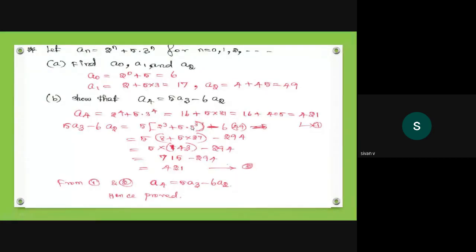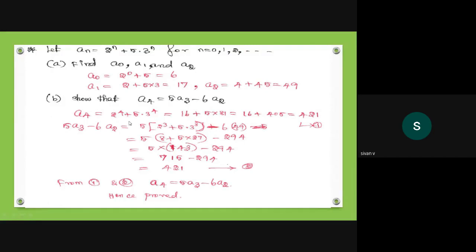Using this relation you can represent 5a3 minus 6a2. 5 into a3 value here, minus 6 into a2, which is found already. Simplify: 5 into 327, this entire value, minus 294, this is 421.